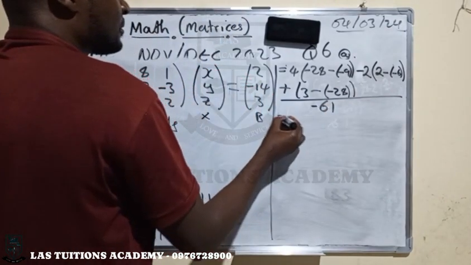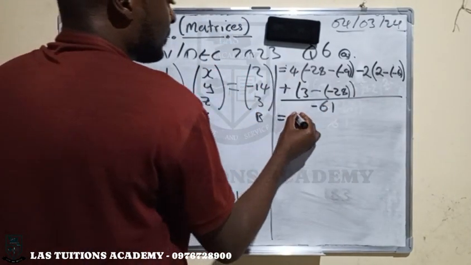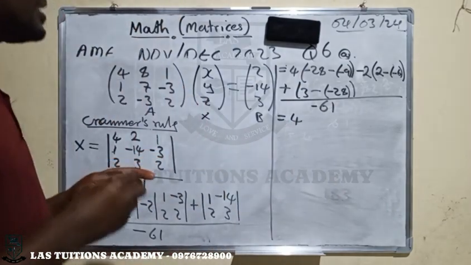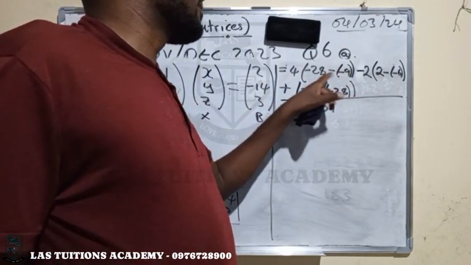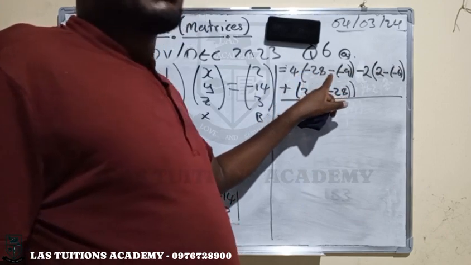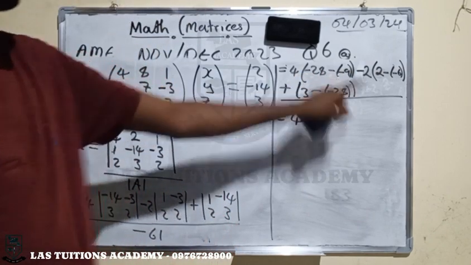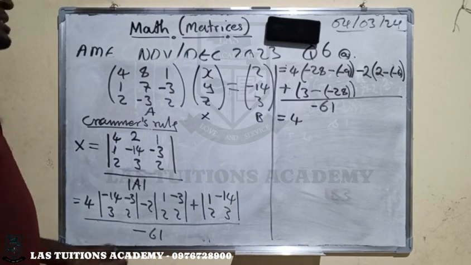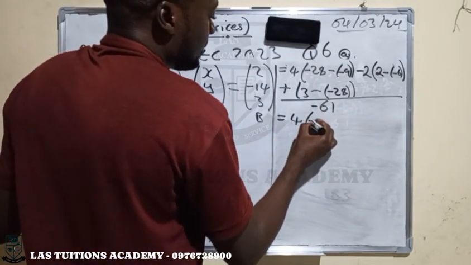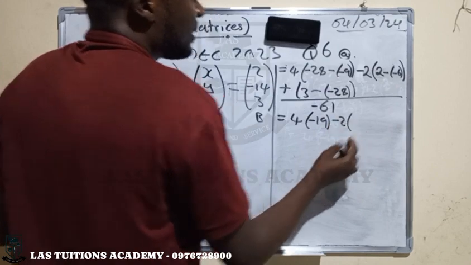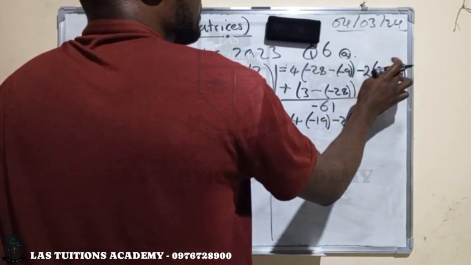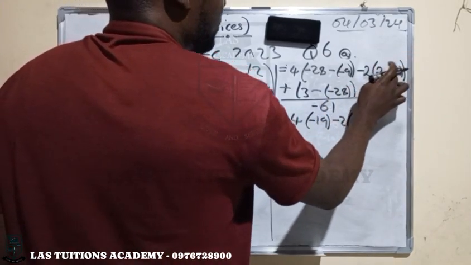So here we have a 4. Now inside here we have negative 28 minus 9, so it's as good as negative 28 plus 9, which will give us negative 19, minus 2. Then here we have 2 minus 6, so it's 2 plus 6, which is 8.